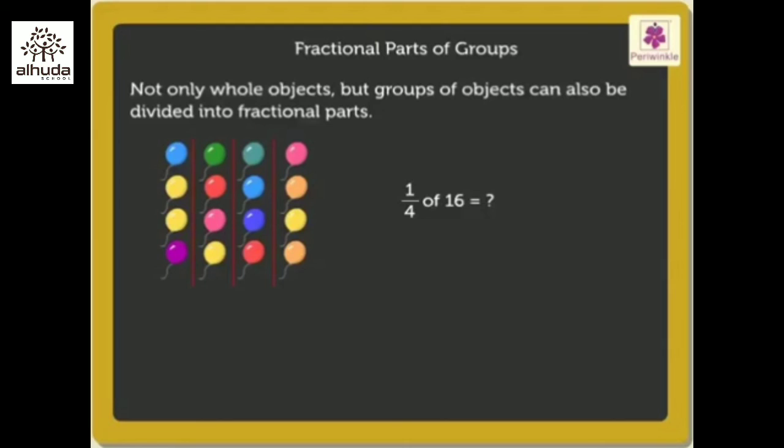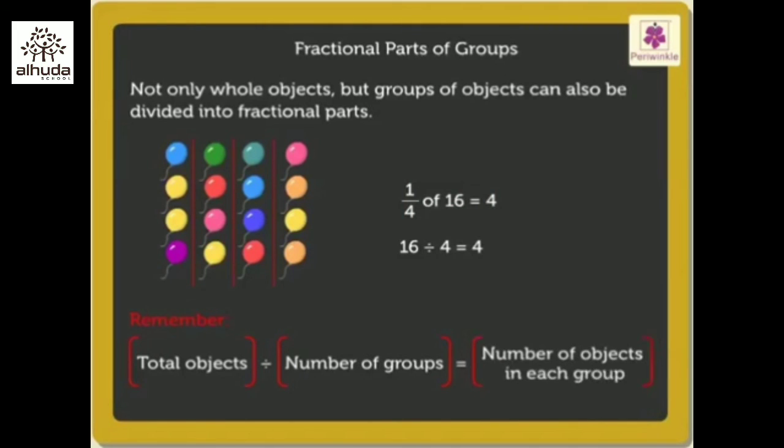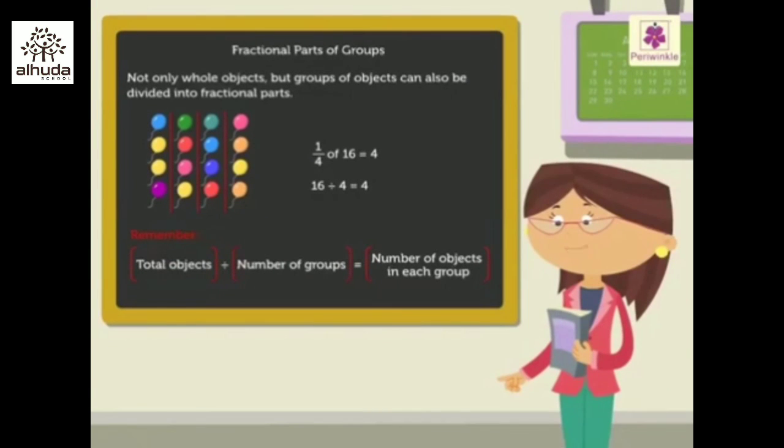We write it as 1/4 of 16 is equal to 4. Here, we are actually dividing 16 by 4 to get 4. Remember, total objects divided by number of groups is equal to number of objects in each group. Revising and learning a few new things about fractions was fun.